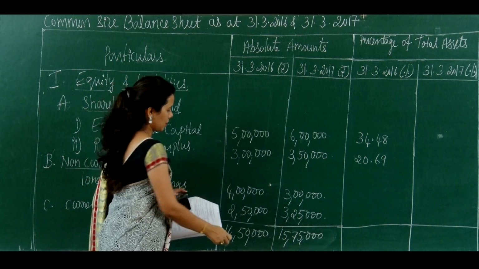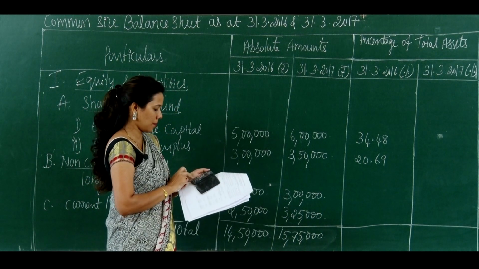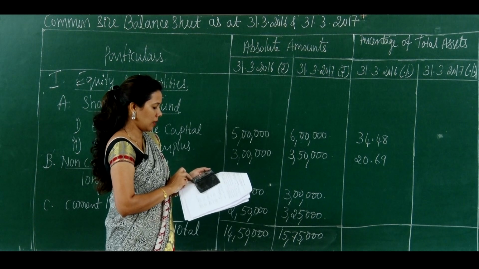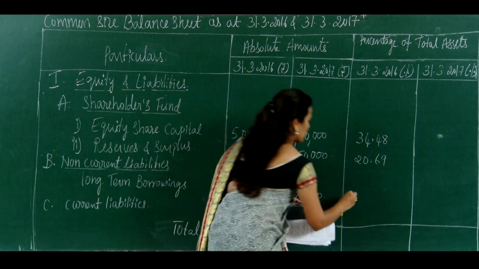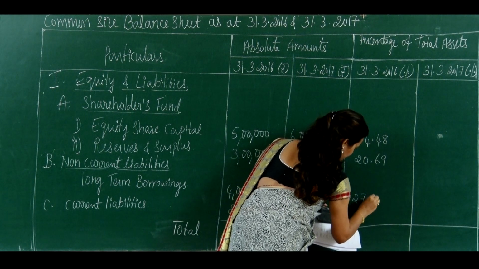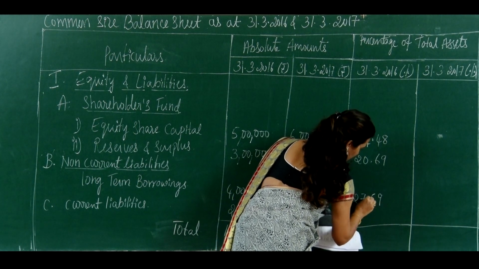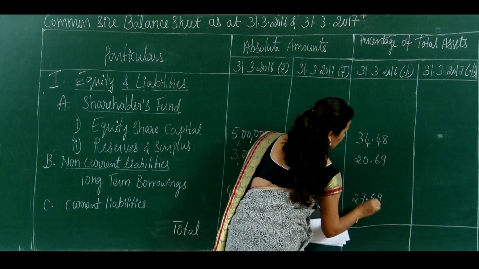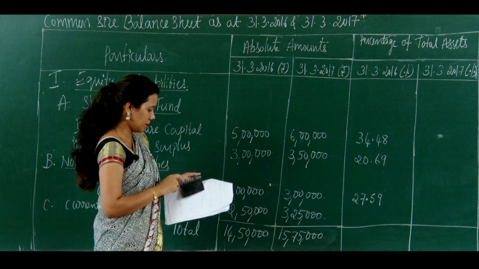4 lakh divided by 14 lakh 50,000 into 100 is 27.59.